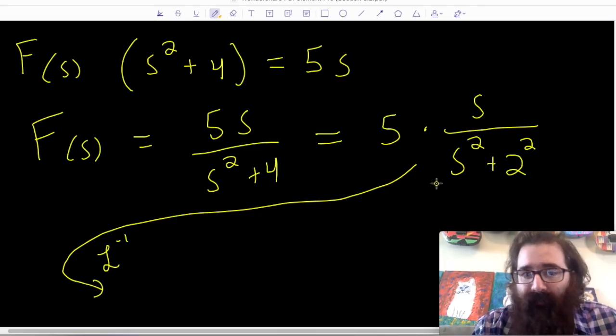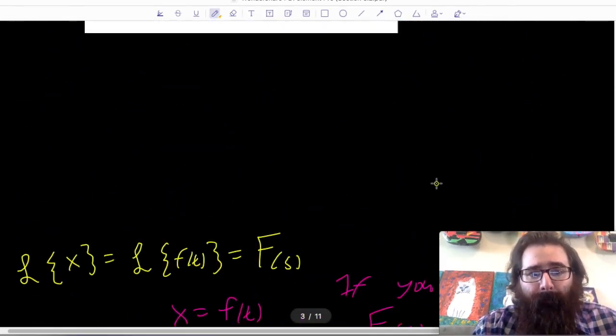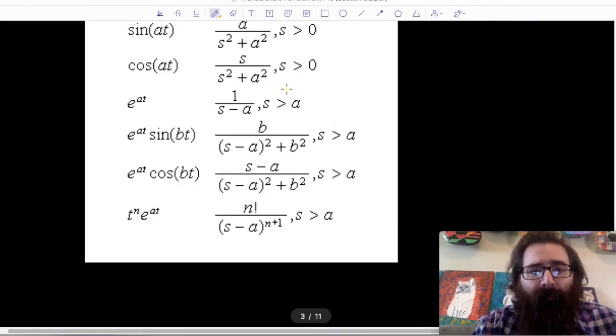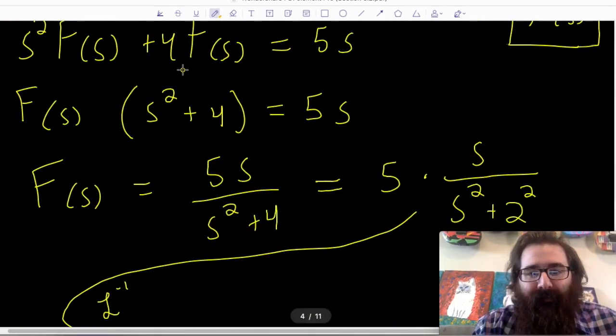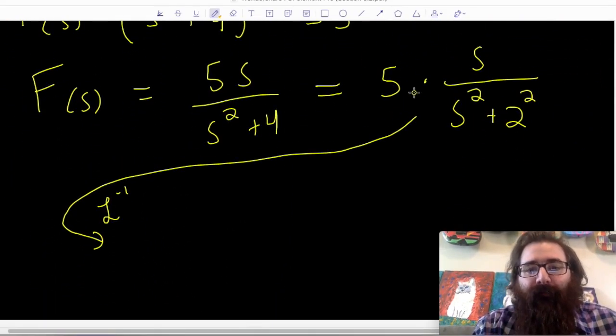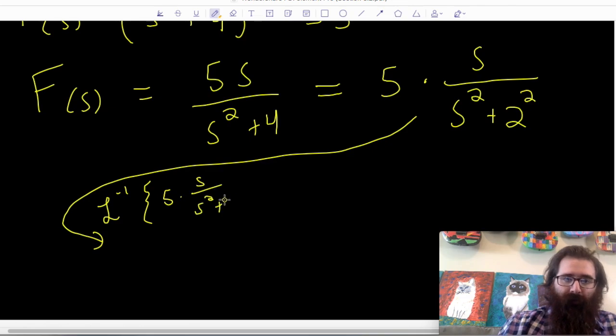Do you remember that from last time? Maybe you do, maybe you don't. We got this table to help us out. There it is. S over s squared plus a squared will map us back to cosine of at. So what that means is if I apply Laplace inverse on this, here I could actually throw it in there if I want to be really strict with my notation.